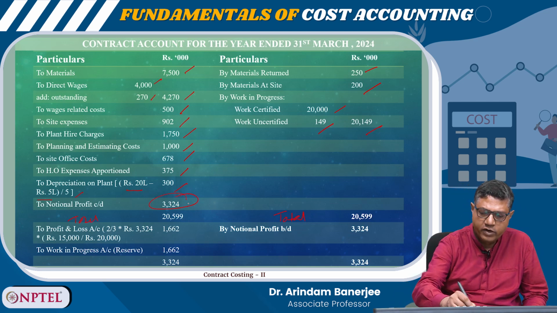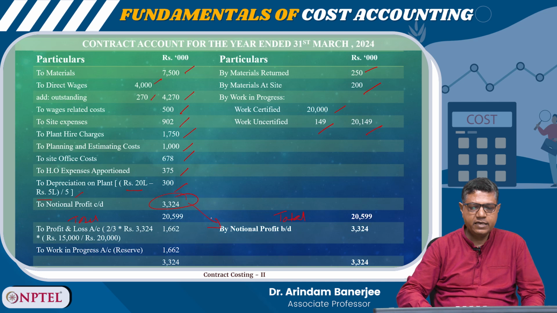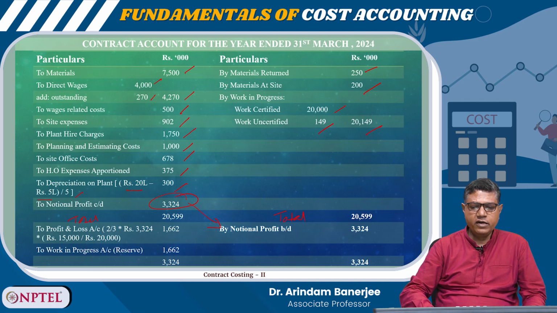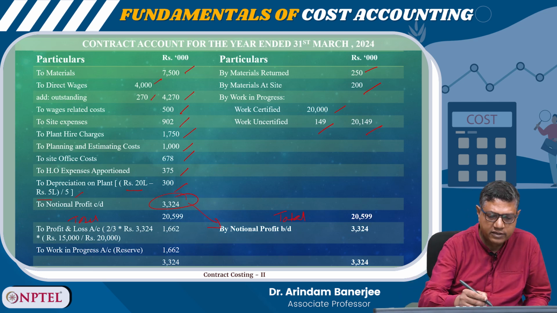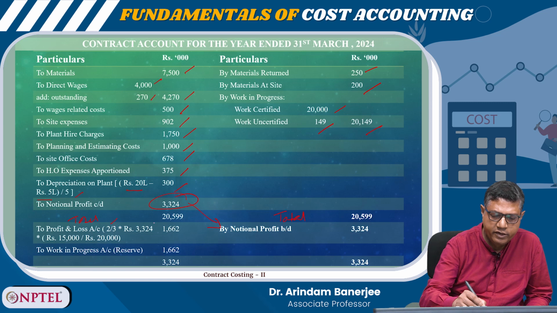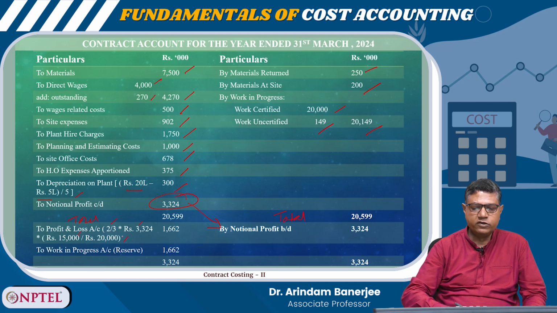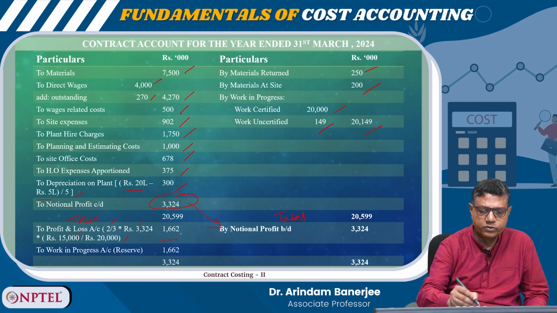This 3,324 I am transferring on this side. Out of this notional profit, for the amount which will go to the profit and loss, I am using this formula: 2/3 into 3,324 into 15,000 by 20,000. So it is 1,662.